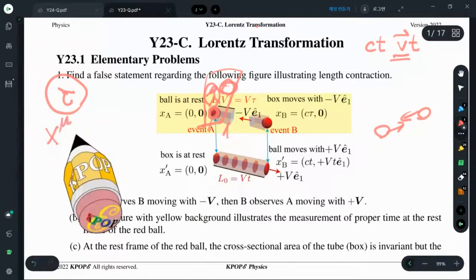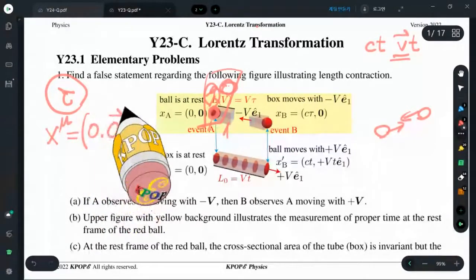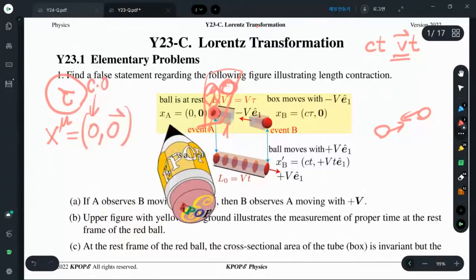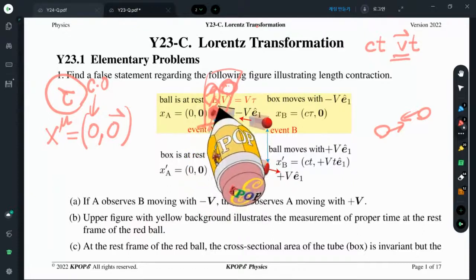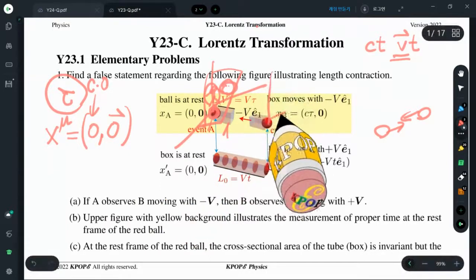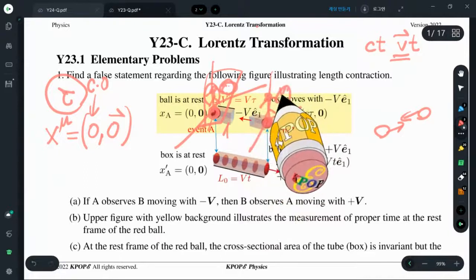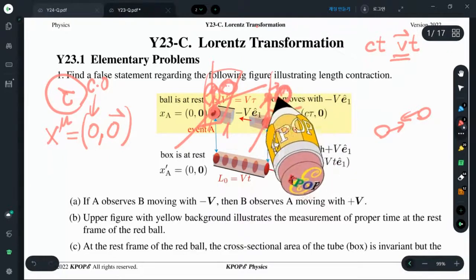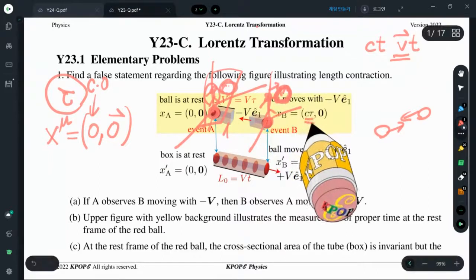So the four-vector is initially c multiplied by time. Starting time is 0 and position is 0. So you are at the origin here. You are still at the origin, and you and your watch do not move. So what you see is your watch, and your watch that is not moving shows the proper time.